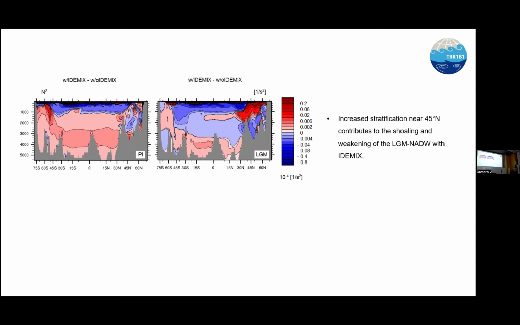But at least for this case, for the North Atlantic deep water, we can say that for the upper ocean, stratification might be an important factor. This might be the result of IDEMIX on it.